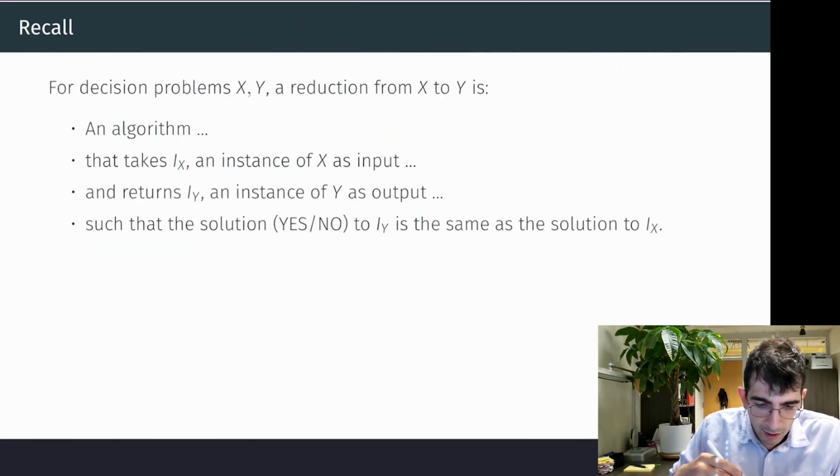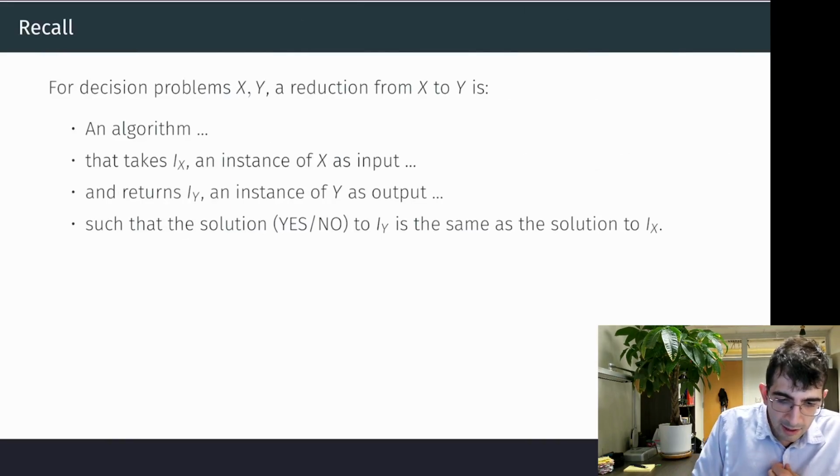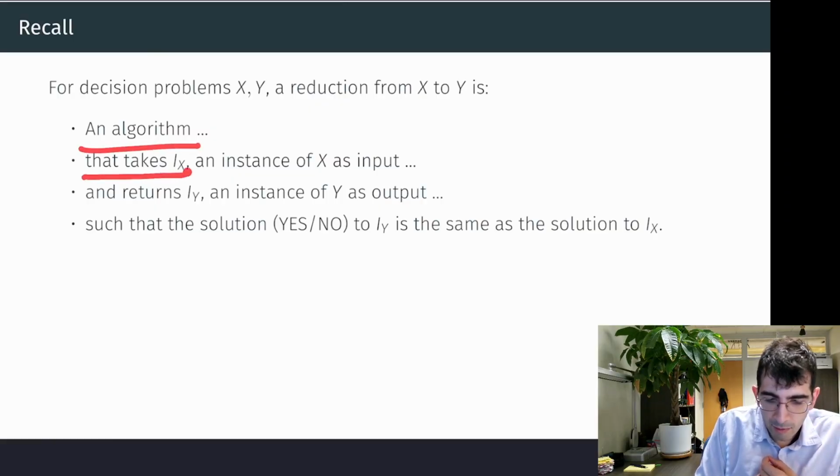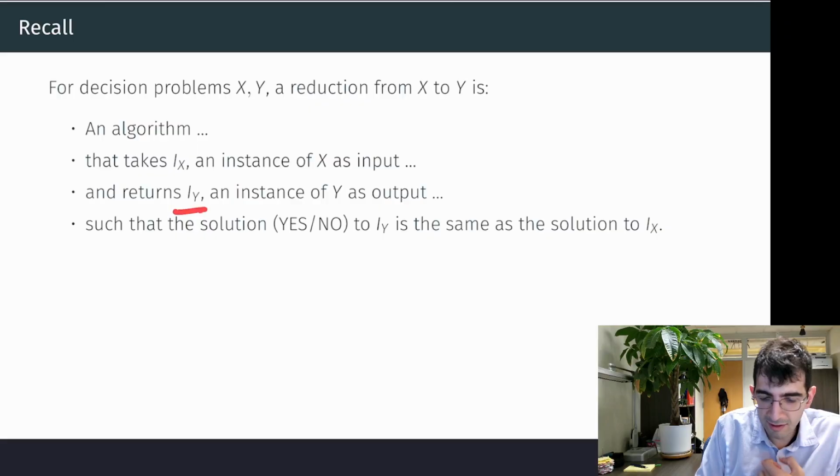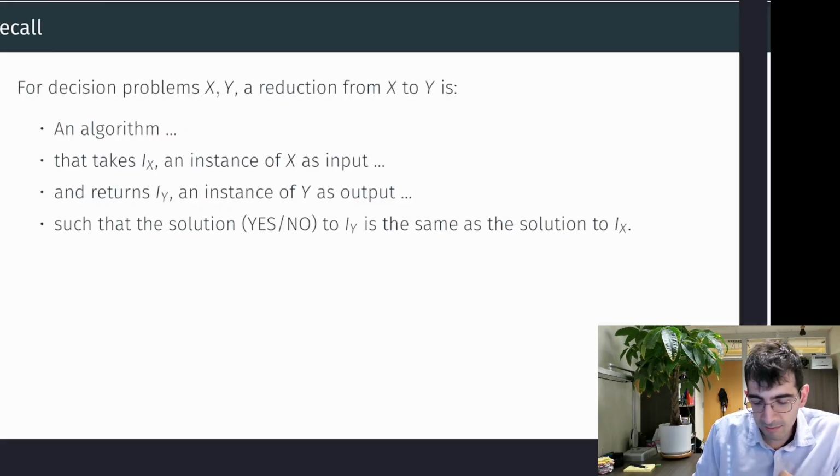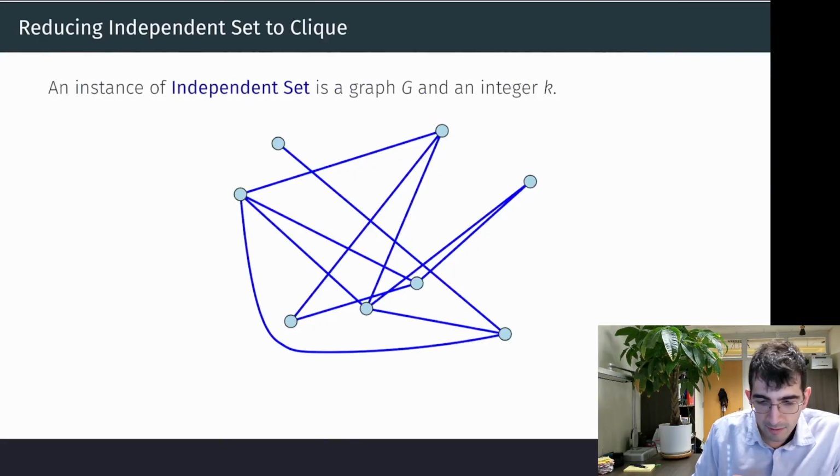So, recall, for decision problems, the reduction from X to Y is simply an algorithm that takes an instance of X as an input, and outputs an instance of Y as an output, such that if IX is a yes instance, IY is also a yes instance. If IX is a no instance, then IY has to be a no instance. Okay, so how do we do that?